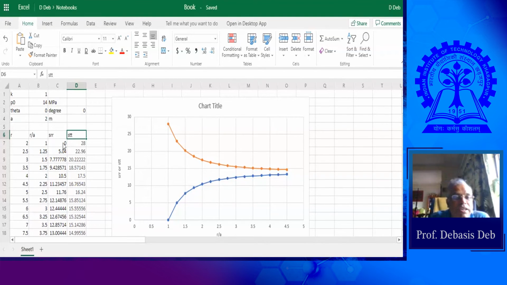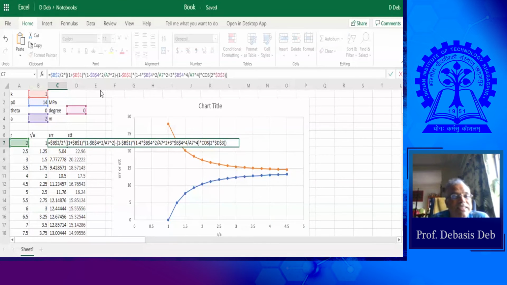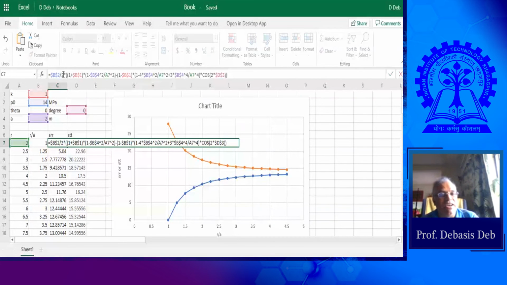Now, how did I plot? This is the equation. I can click here and then you may see. This B2 is nothing but P naught by 2. The entire equation I have written here, and now the only variable is R. If you do not know how to use Excel, you just learn it, it's very easy.